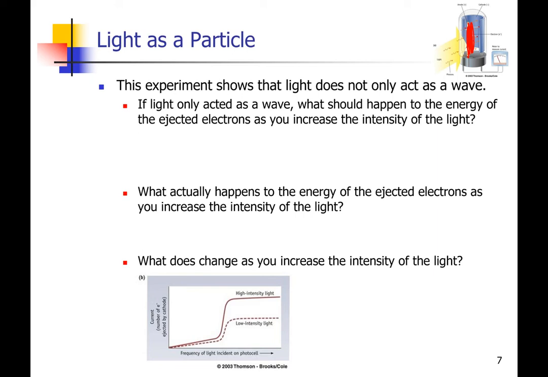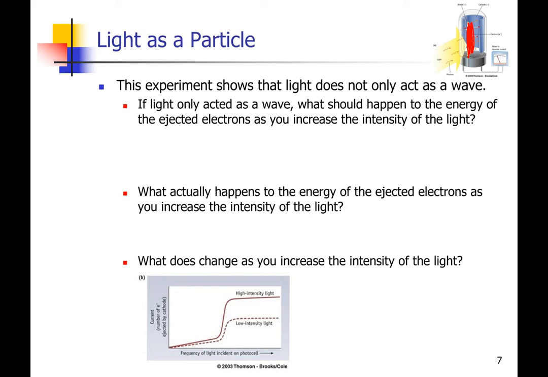Well, what should happen if you shine a brighter light? Well, you would expect, if light only acted as a wave, and the energy of the light was therefore proportional to the intensity of the light, that by shining a brighter and brighter light, you should eventually be able to induce a current to kick electrons out of the metal, and that as you shine that brighter light, and you have more and more energy being carried by the light, that the electrons should be ejected with more and more kinetic energy.